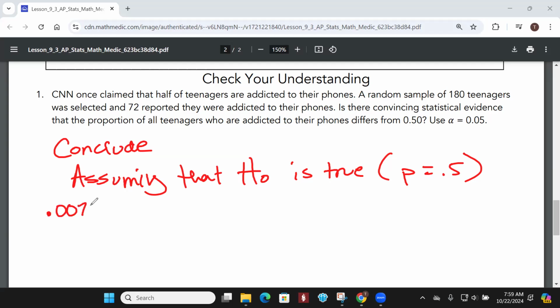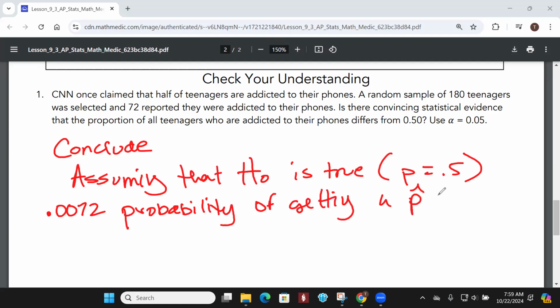Kind of like you're gossiping to somebody. I don't condone bad words and I don't condone gossip, but here I am. Okay. Probability of getting a p-hat of 0.4 or lower or 0.6 or higher. Because if it happens on the downside, it can happen on the upside, right? Like the 0.4 and the 0.6, purely by chance.